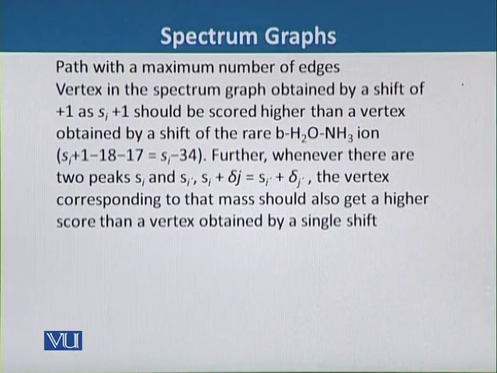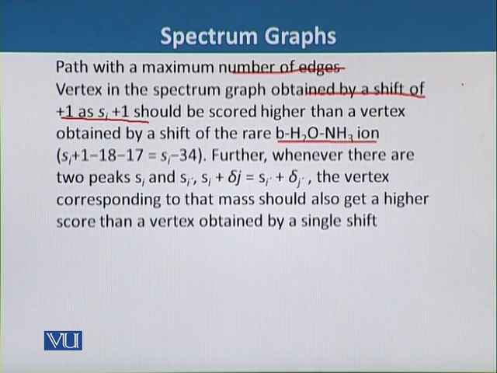So the problem with choosing the path with the maximum number of edges is that it does not adequately reflect the importance of different vertices. For example, the vertex in the spectrum graph obtained by the shift of +1, as Si + 1, should be scored higher than the vertex obtained by a shift of water or ammonia ion.